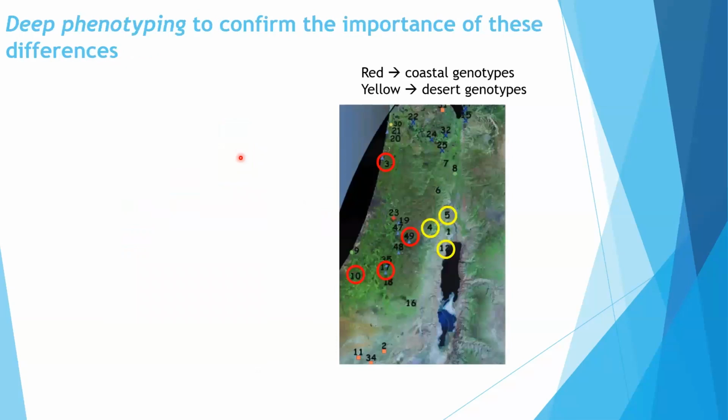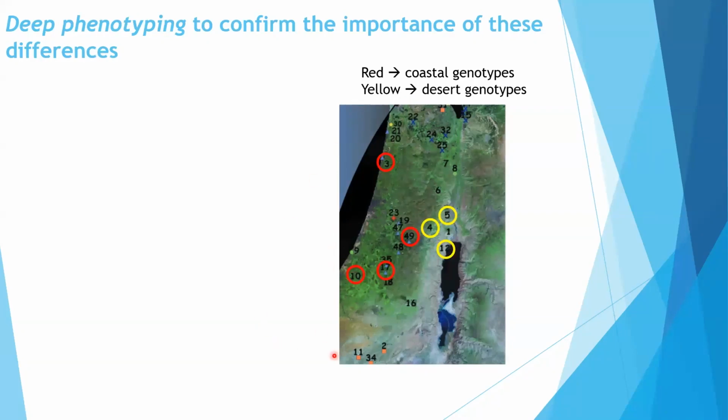So what we wanted to do was a deep phenotyping experiment where we selected varieties at random from two adaptive groups to try and verify those results and look for other signals. We picked varieties from the Eastern Desert and coastal varieties.